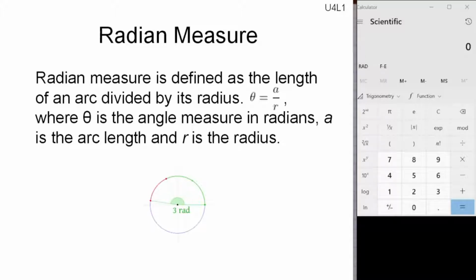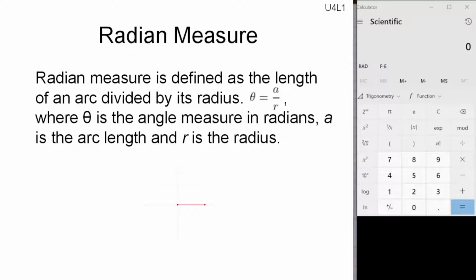So we'd have an angle of 1. If we have an arc length that's exactly half a circle, that would be an angle measure of pi. And a full circle would be 2 pi radians. That's how our angle measurements are defined.